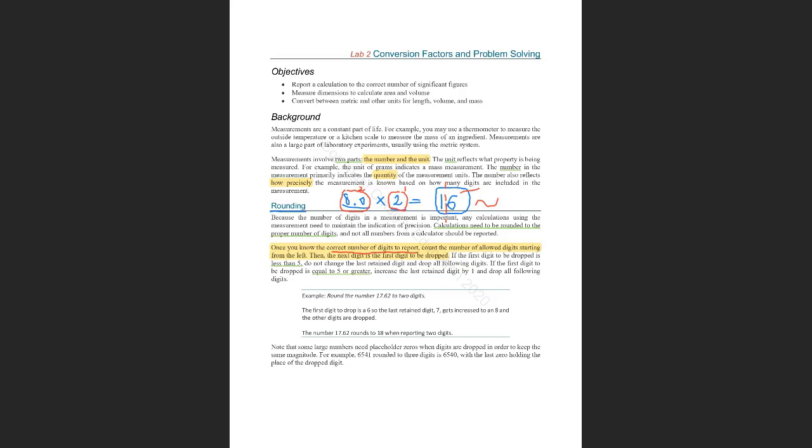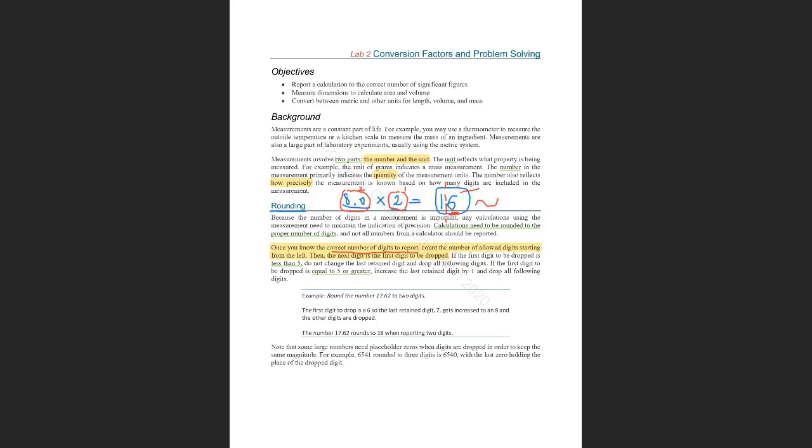So let's look at what it says here. The digit to be dropped, which is the 6, is the one to the right of the line. If the digit to be dropped is less than 5, do not change the last retained digit.